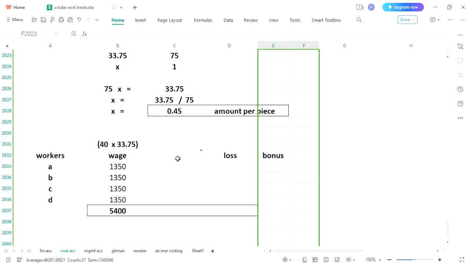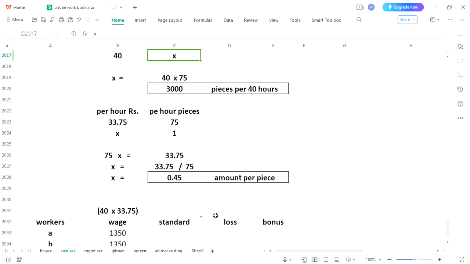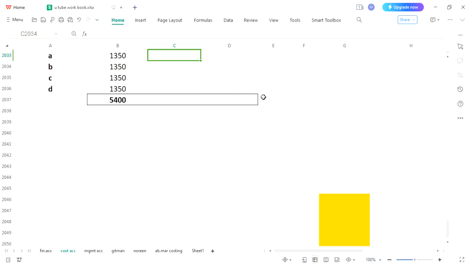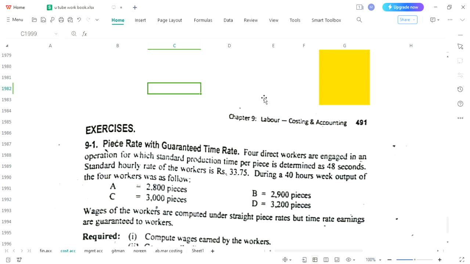Okay. Standard production was given in the question and we have calculated as well. Standard production is 3000 pieces must be made in 40 hours. So here we have set the standard of 3000 units. Now we will see only 3000 is needed. Now we will see how many units worker A has made.